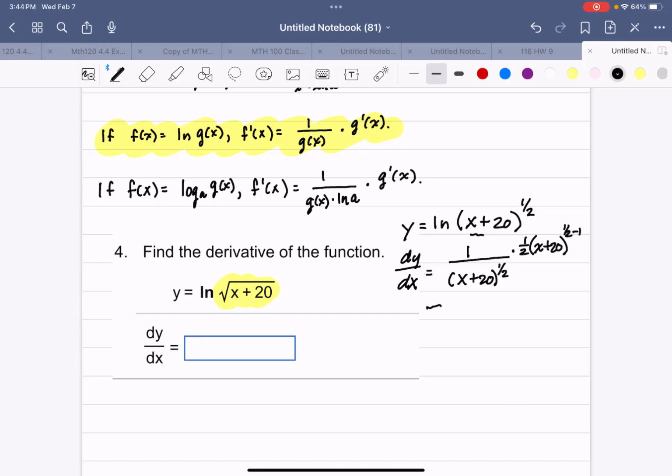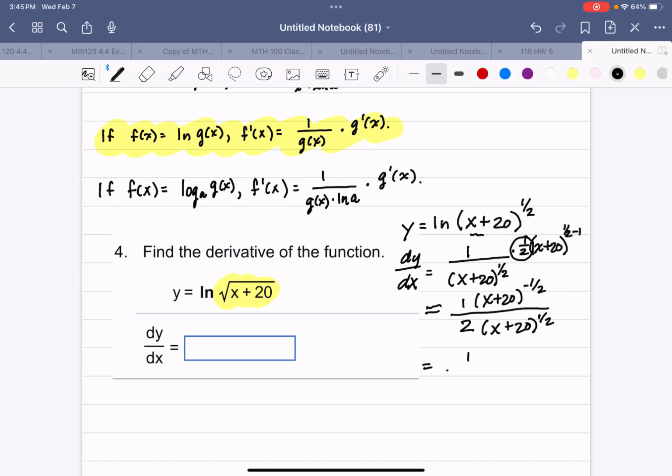So we end up with 1 over 2. This 1/2 is going to end up 1 over 2, and then we've got x plus 20 to the negative 1/2, and x plus 20 to the positive 1/2.